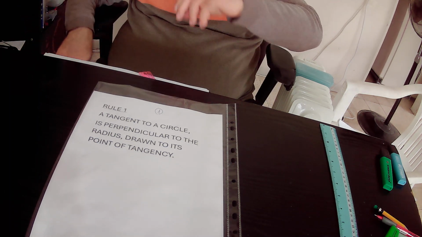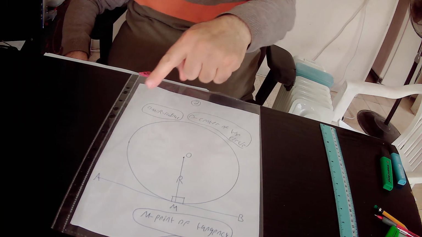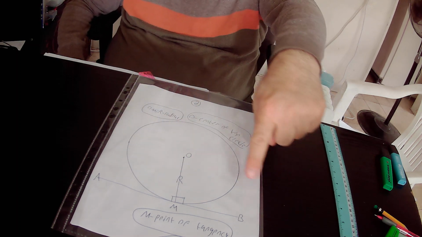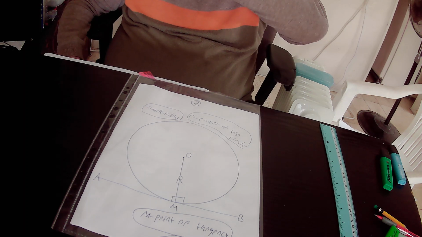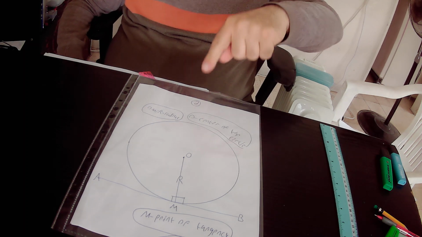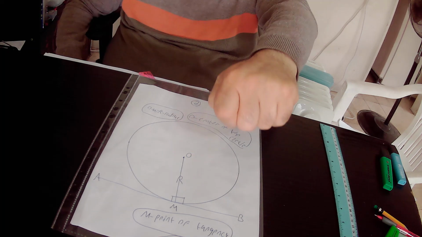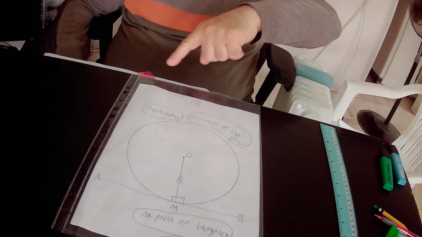So here we have in the drawing a circle, and we have tangent AB that is tangent to this circle at point M. And we have the radius OM that is equal to r. The radius OM is drawn to point M, that is the point of tangency of tangent AB with this circle.